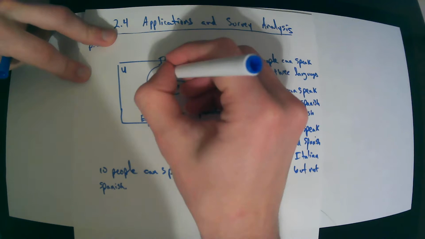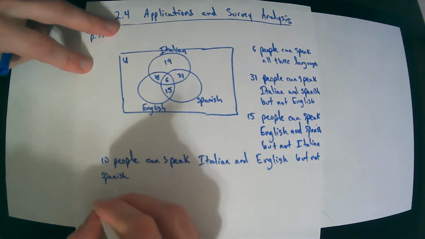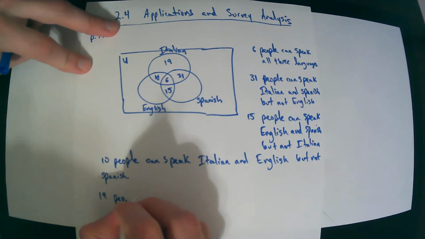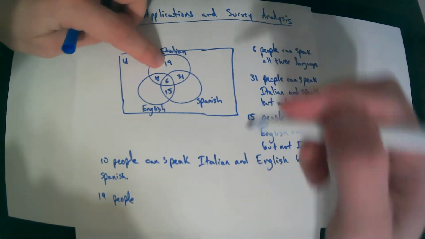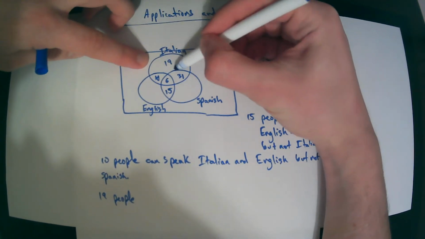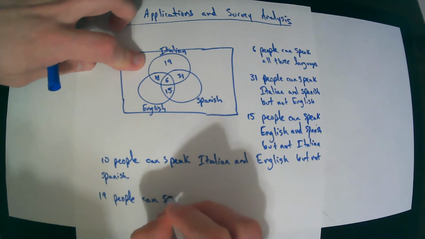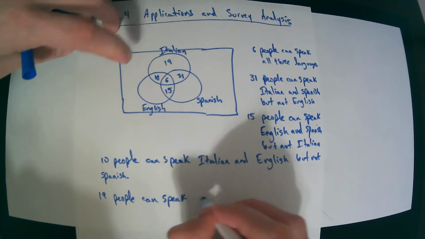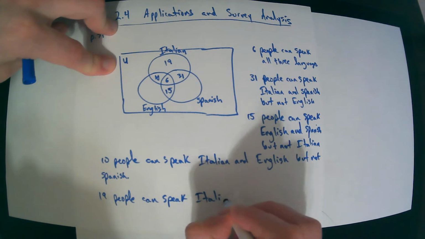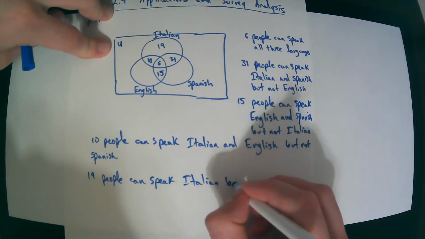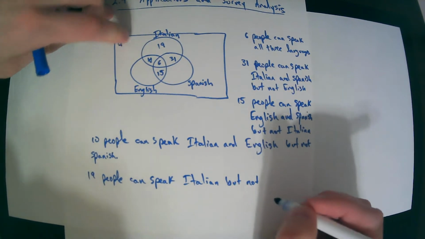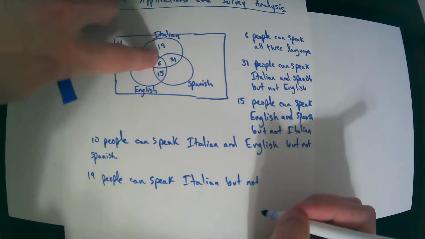Now, what about these outermost numbers? 19 people. What is this group? 19 people over here. They're in the Italian circle, part of the Venn diagram, so they can speak Italian. But they are not in the English circle or the Spanish circle.